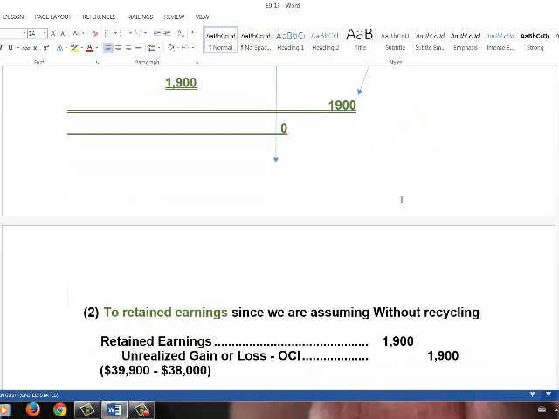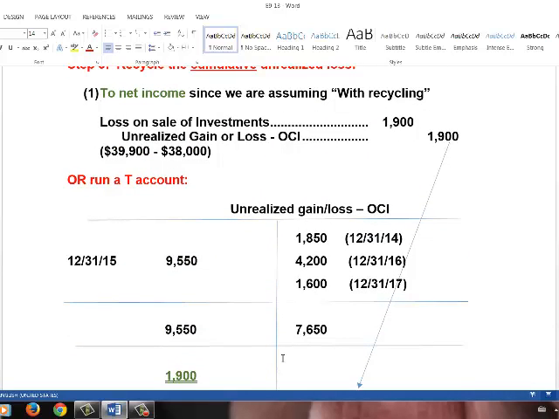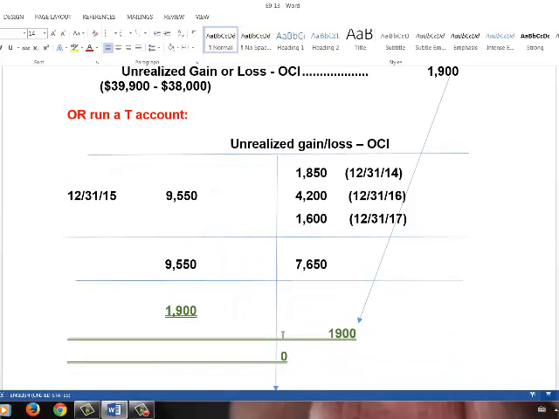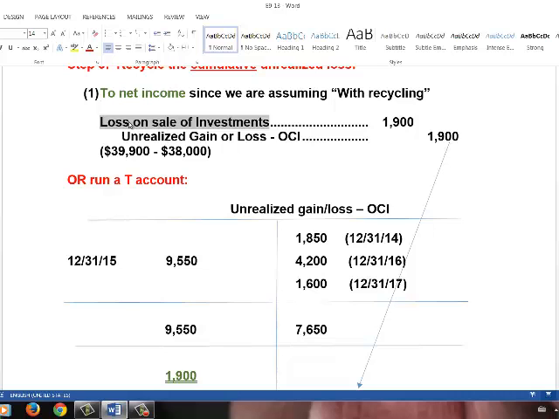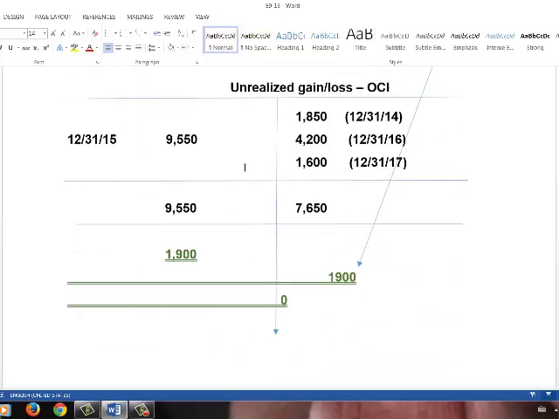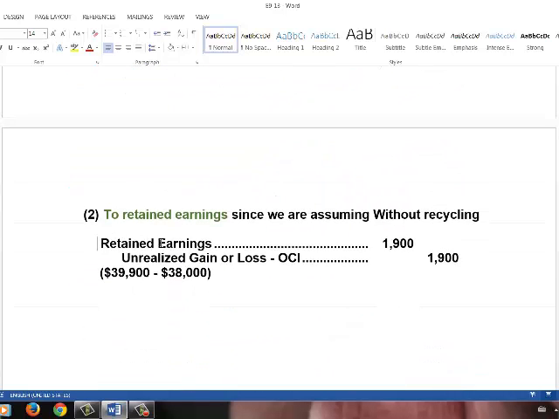So if you look at the question, when you did it with recycling, you credited the unrealized gain or loss so that you could move this $1,900 loss into your income calculation, into your income statement, right? That's what we did down here. Well, the only thing is, instead of debiting the loss, you would debit retained earnings because it's without recycling. So that's your journal entry.